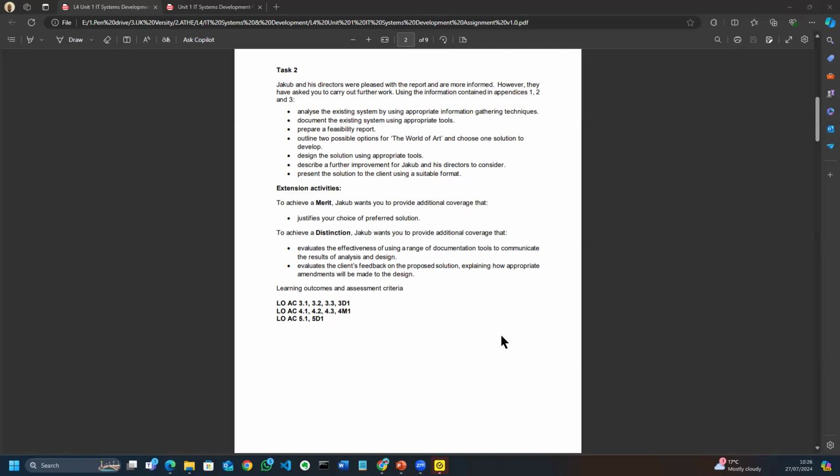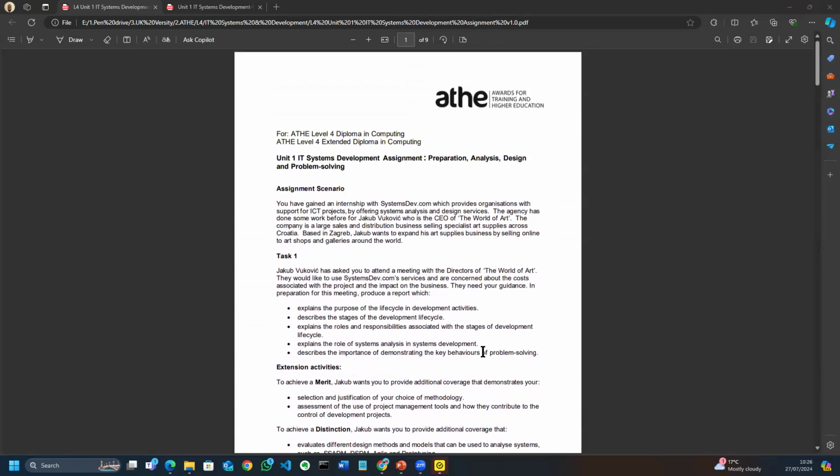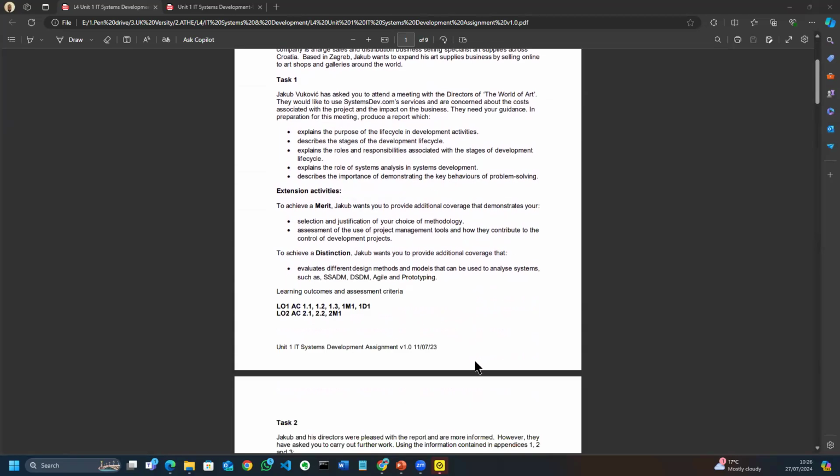And then to achieve a distinction, Jacob wants you to provide additional coverage, which is going to evaluate the effectiveness of using a range of documentation tools to communicate the results of analysis and design, and evaluate the client feedback on the proposed solution, explaining how appropriate amendments will be made to the design. So these are the two tasks that are required for us to complete.